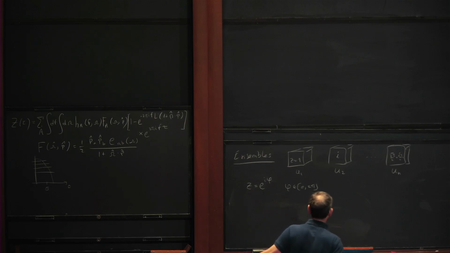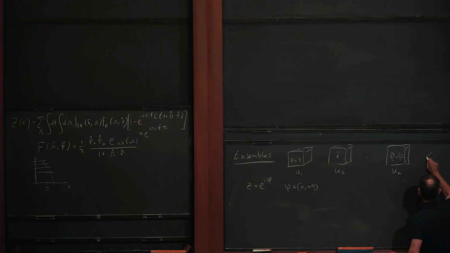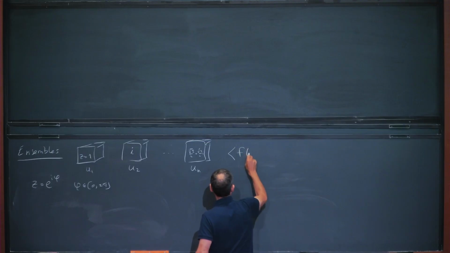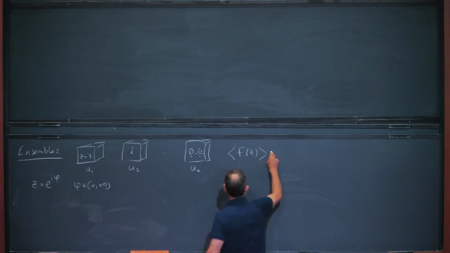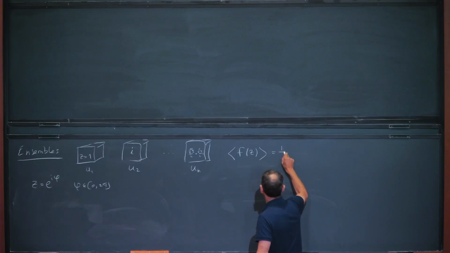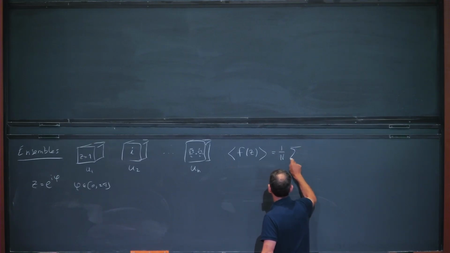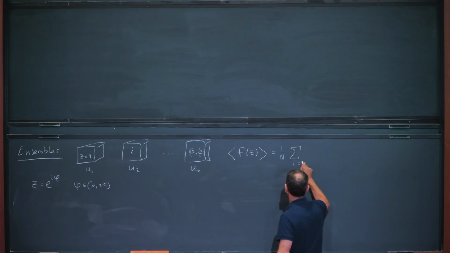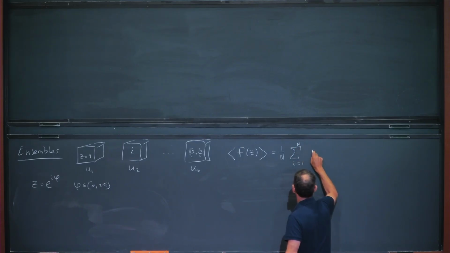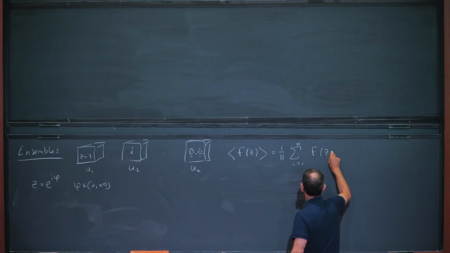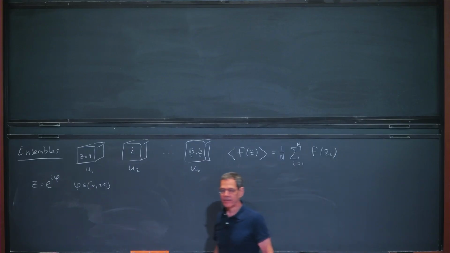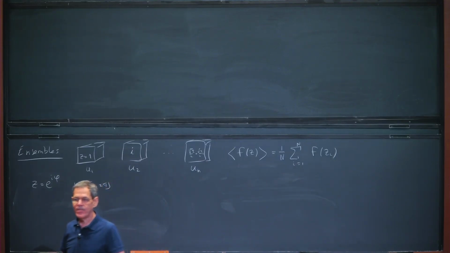So you make up this ensemble, and you're going to define the ensemble average of some function of z, whatever it happens to be, as just 1 over n times the sum, where we evaluate the function in every one of these different universes. So that's the definition of an ensemble average.